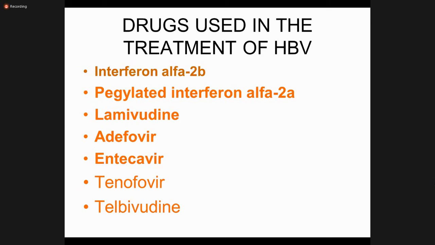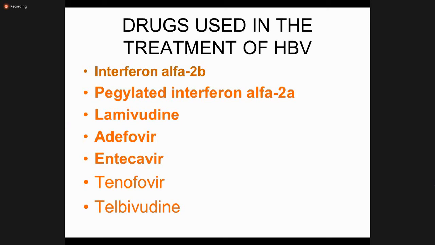And what is the importance of adding this polyethylene glycol to interferon? That is the important question, because it increases the half-life of interferon, so it produces a persistent effect.